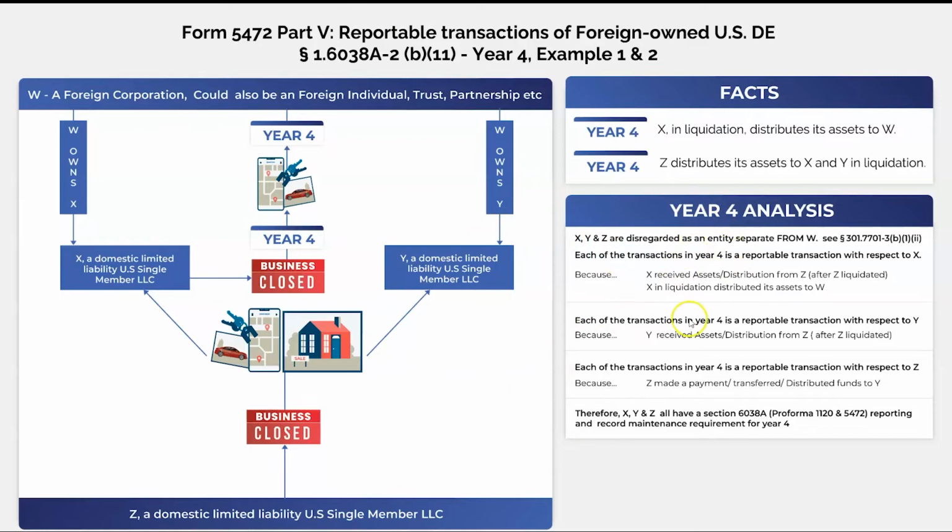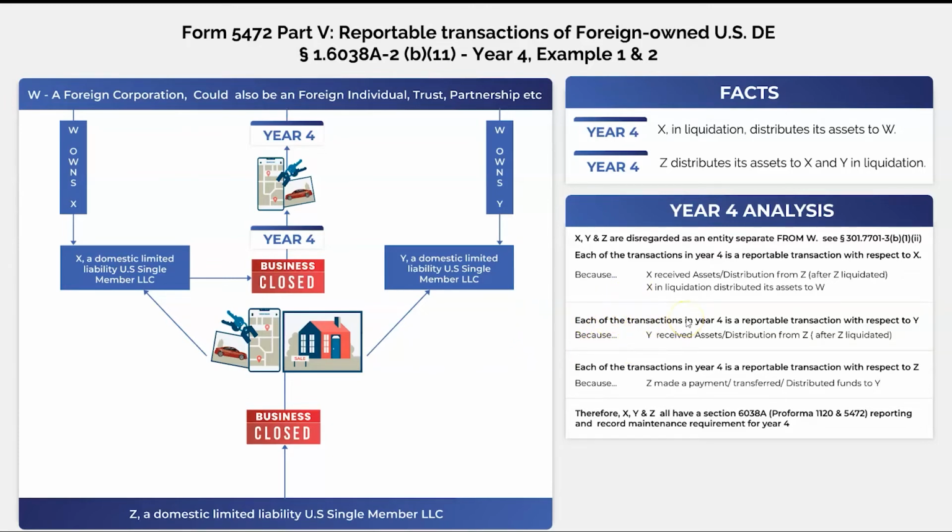Another analysis that the IRS gives is that X, Y, and Z are also treated as a domestic corporation for the limited purpose of filing pro forma 1120 and Form 5472. That distinction is important. When we say X, Y, and Z are domestic corporations for 5472, it means that 5472 is the only form they're supposed to file, and filing the pro forma 1120 and the 5472 does not automatically transform your LLC into a full-blown corporation.